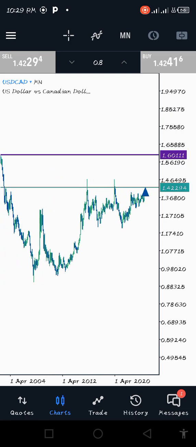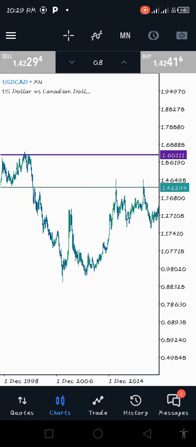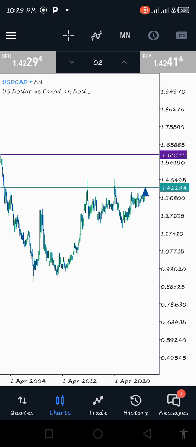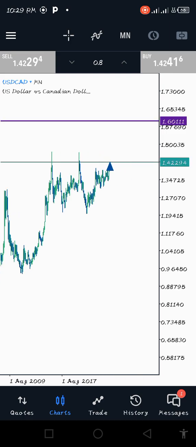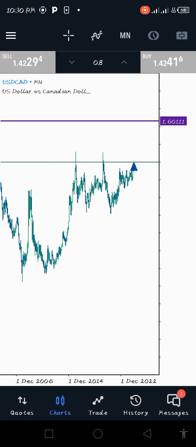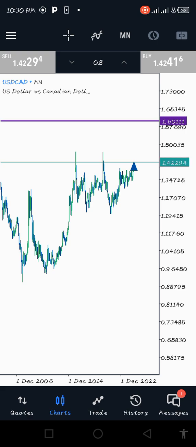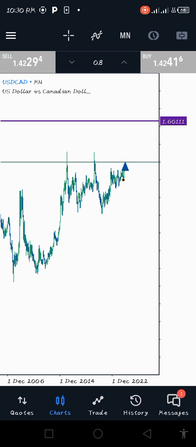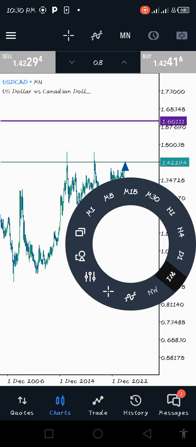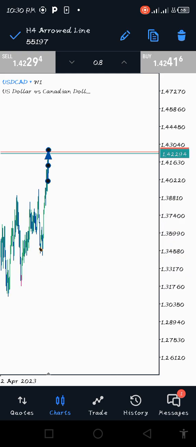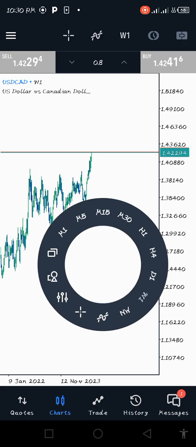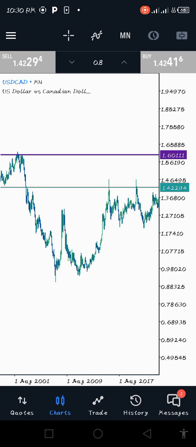From a higher time frame perspective, I think we are pushing up. Let me delete this. It's not coming up. Let me move to the weekly time frame so that I can delete this, and delete this on the monthly time frame.